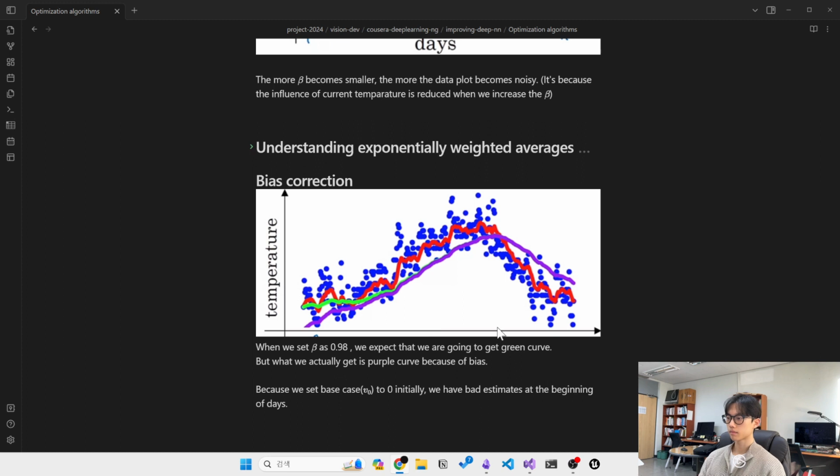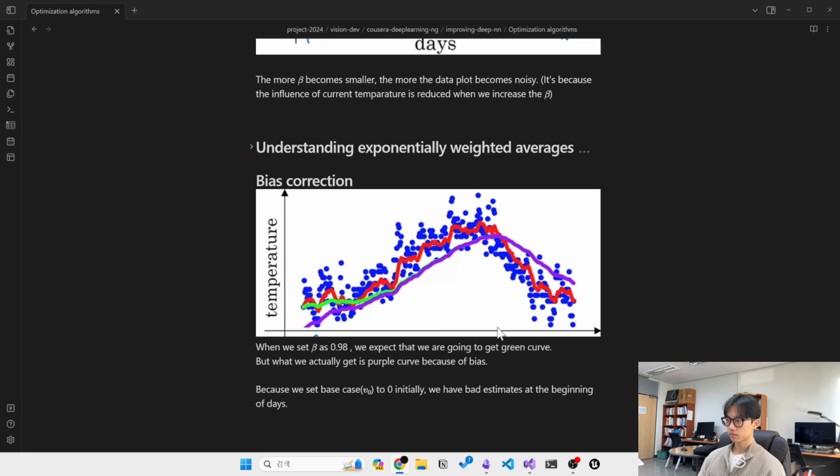So it turns out that there's a way to modify this estimate that makes it much more accurate, especially during this initial phase of your estimates, which is that instead of taking vt, take vt divided by 1 minus beta to the power of t, where t is the current day that you're on. So let's take a concrete example.